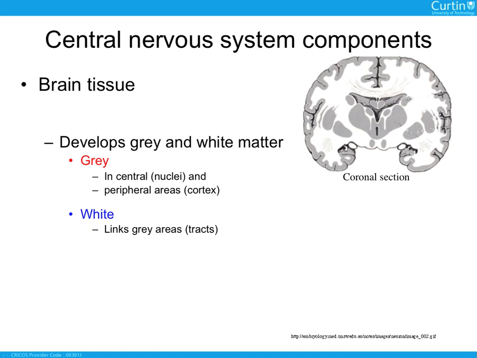Now you can see that this is all brain tissue, and within brain tissue we have grey and white matter. Now grey matter you can see here, and this is referred to as central or subcortical grey matter. And because we're in the central nervous system, we call this grey matter nuclei.